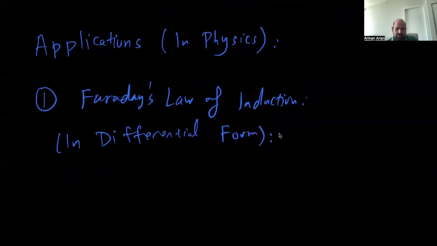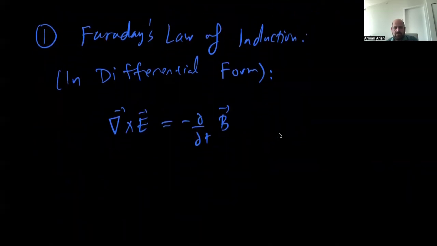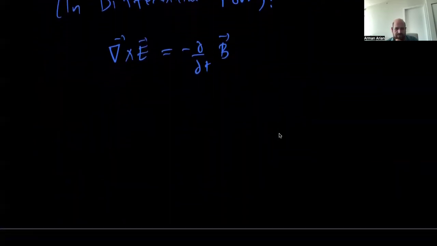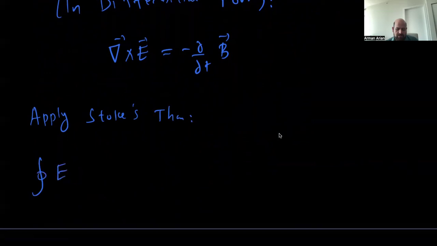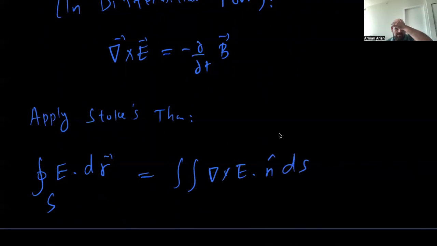It states that curl of E equals minus d to dt of B. Now if we apply the Stokes theorem, then we get the integral of E dot dr on C, which is the double integral of curl of E dot n dS on S. Now curl of E, we can replace here.